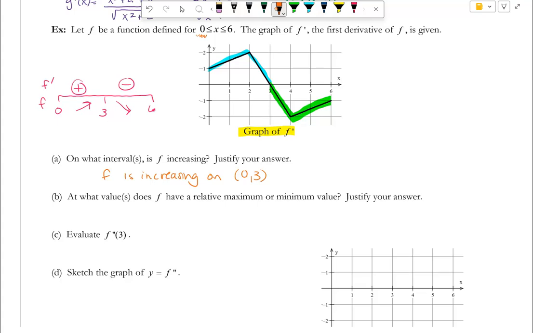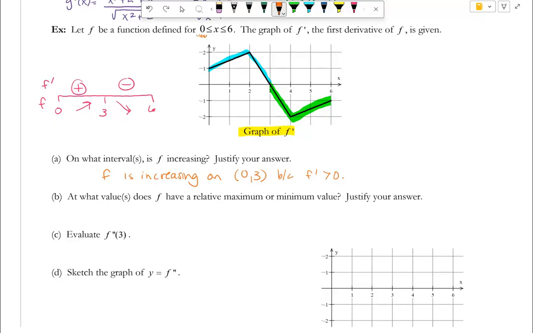But f is increasing on the interval from 0 to 3 because f prime is greater than 0. Now, just to go back to what I said, if you were to use a bracket here instead of a curved bracket, it's not going to be counted wrong. I would just err on the side of using open intervals when we talk about intervals of increase and decrease.